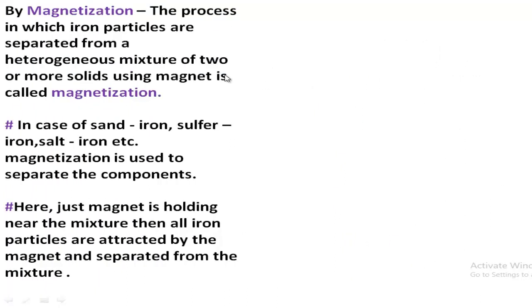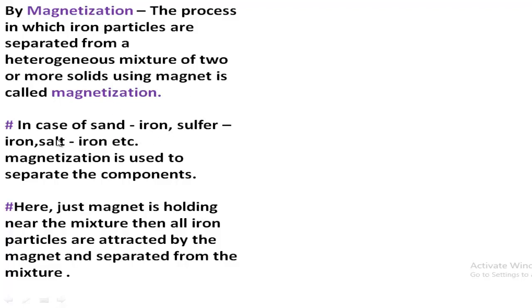Also, for a mixture in which iron is present, in this case we can separate them by magnetization, because you know that iron is attracted by magnets.